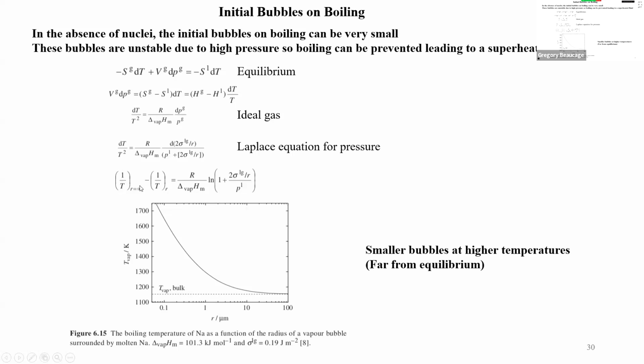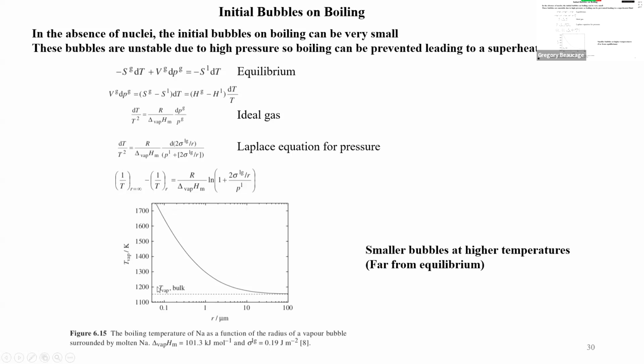And if you integrate this, you get 1 minus T, 1 minus T, and then this expression that gives you the vaporization for small particles. If you have infinite particles, you have the bulk vaporization, but when the particles get to be so small, the vaporization temperature gets to be higher, basically because the pressure builds up in the droplets.